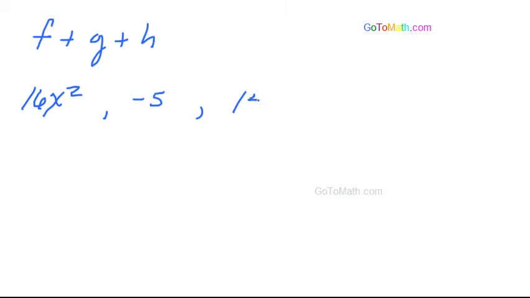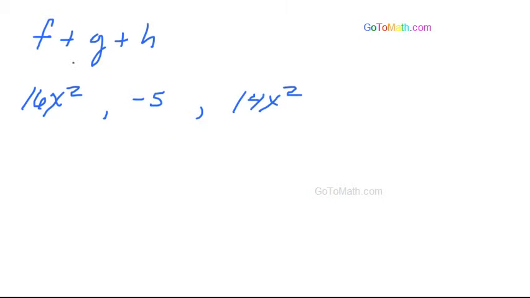So we want to find F plus G plus H, and we're given F to be 16x squared. And then G is negative 5, and H is 14x squared.